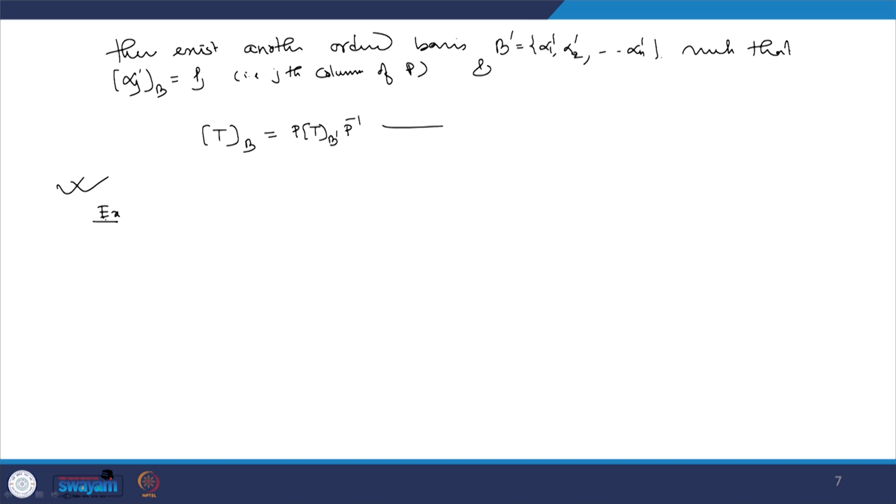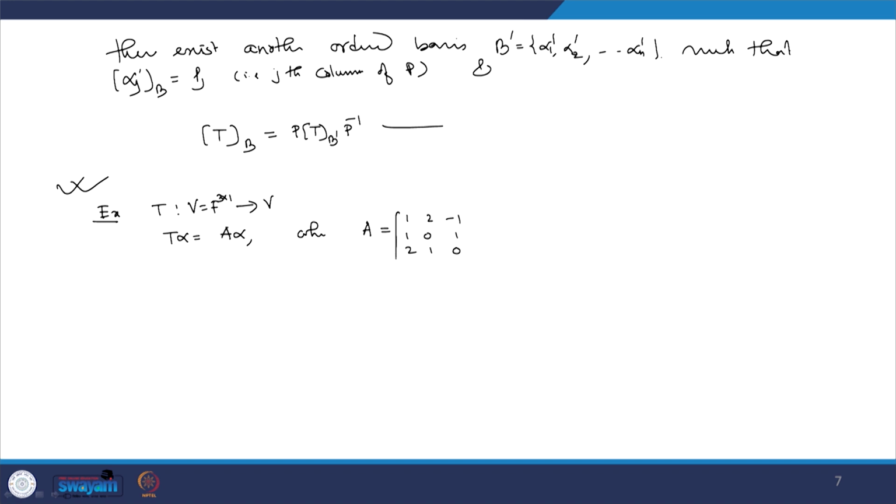Okay. So, let me consider T to be a linear operator on V, which is equal to F 3 cross 1, I mean the set of all 3 cross 1 column vectors over the field F. This is a linear operator on V, say T of any alpha equal to A alpha, where A is the matrix 1 2 minus 1, 1 0 1, 2 1 0.